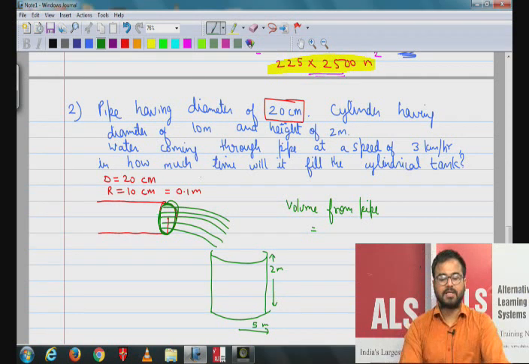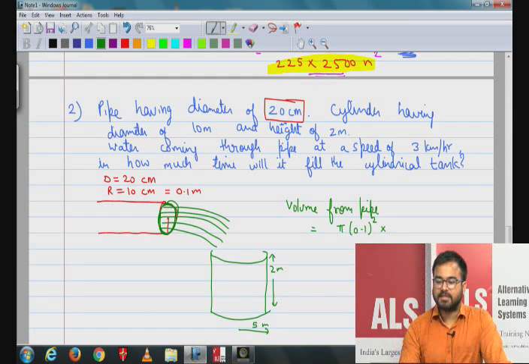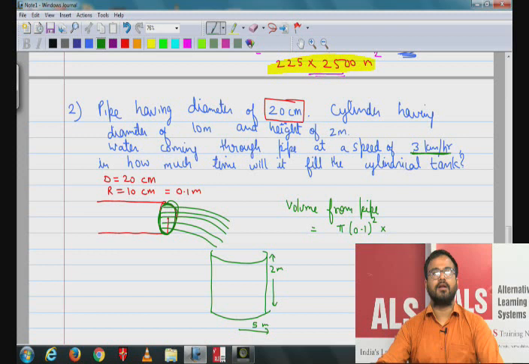The base is in the shape of a circle, with radius 0.1 meter, so the area is pi r square multiplied by the height. Now what do we mean by the height? Height means the speed at which the water is coming. The speed of water is given as 3 km per hour. It means in 1 hour, the length of the water coming is 3 km or 3000 meter.